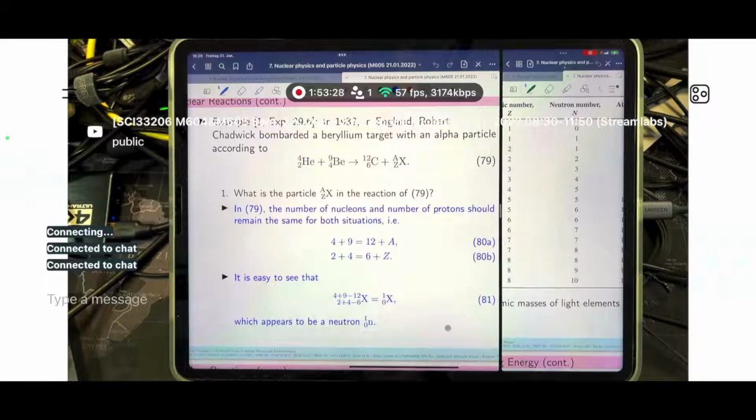So the result of this process by Robert Chadwick is that he got the neutron particle. That's the way to find the particle from the reaction process, and this was discovered in 1932 by Robert Chadwick.